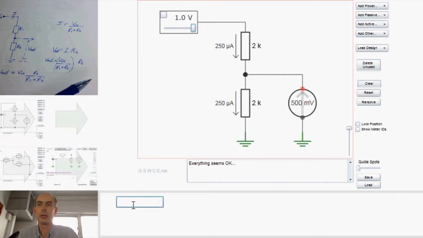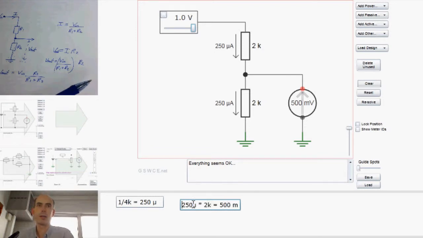And if I take 1 volt and divide it by 4,000 ohms, I would get the 250 microamps flowing down there. The voltage across this resistor here is then just calculated from the current flowing through the resistor times the value of the resistance itself, which is 500 millivolts, and as we see, that is the voltage across this resistor.